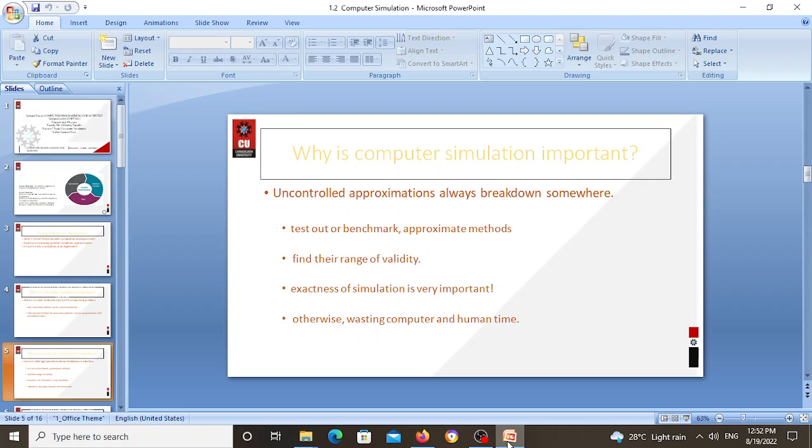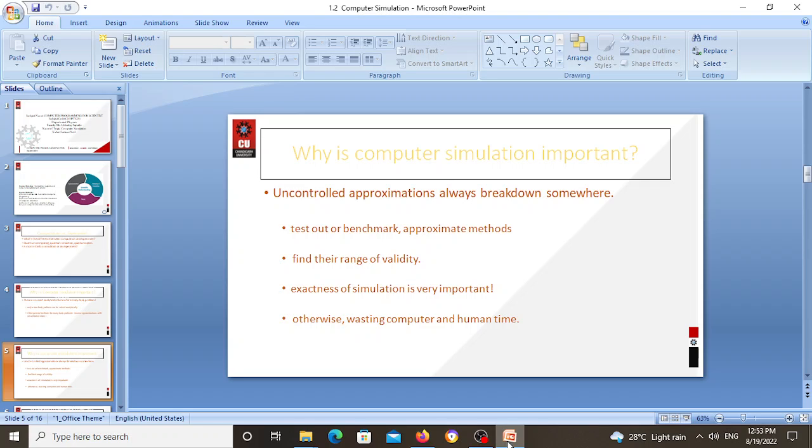The solution that has been generated by the approximation algorithm should be meaningful. If I generate a solution that is not realistic, does it make any sense in conducting that experiment or simulation? The benchmark of the software has to be taken care of.